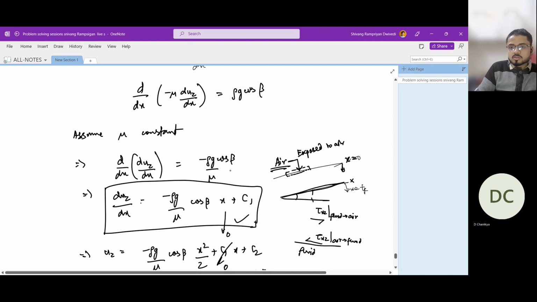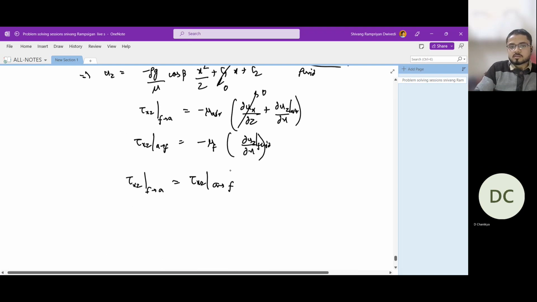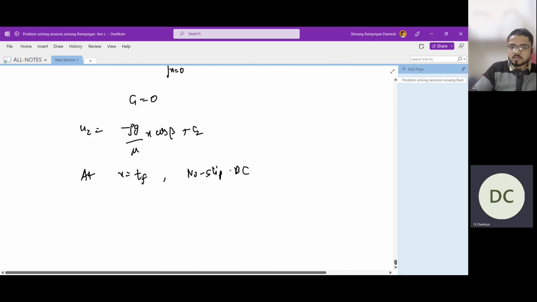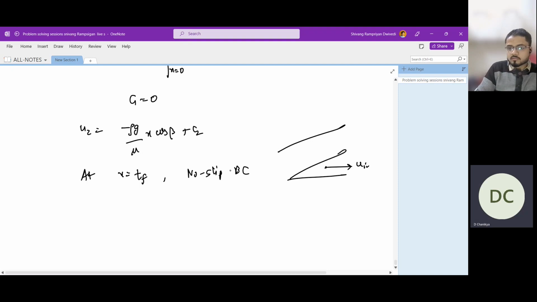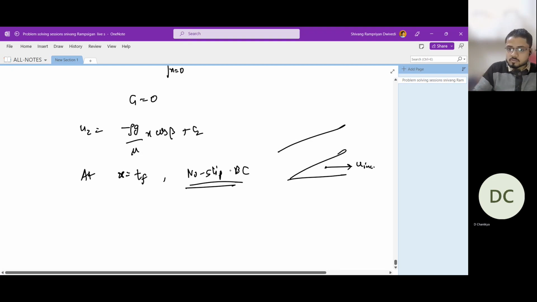Now assume there is another possibility: that the inclined plane is moving at a velocity of u inclined right here. Then can you apply the no-slip boundary condition here? No. So what will you do?